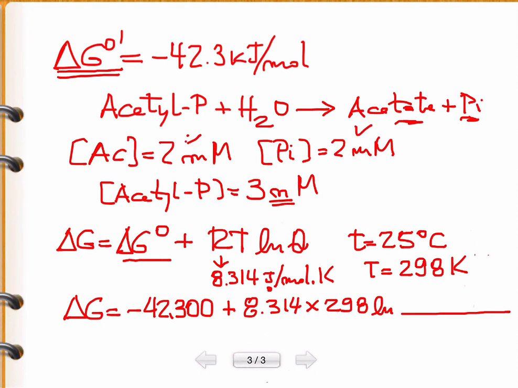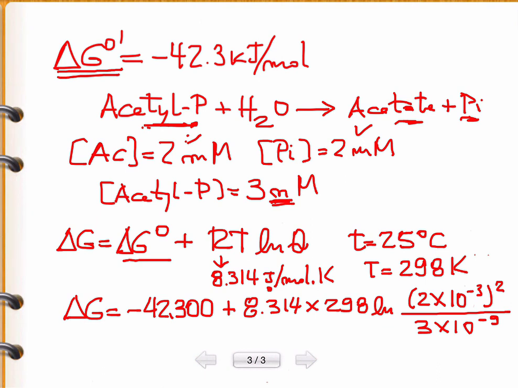So let's write 2 times 10 to the power of negative 3 squared, okay? Same thing, right? And divide by the concentration of the starting material, which is in that case acetyl P. And the concentration of acetyl P is 3 times 10 to the power of negative 9, because it's nanomolar.